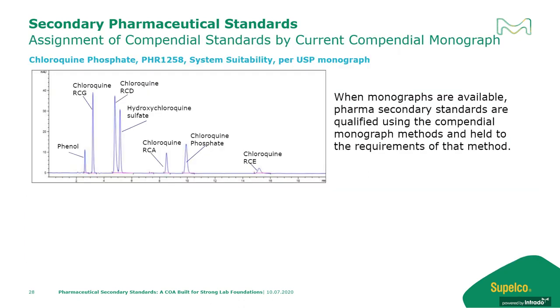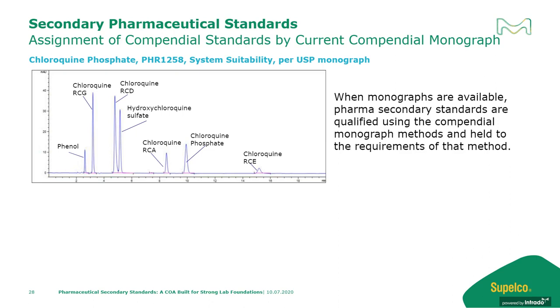So when monograph methods are available, pharma secondary standards are qualified using the compendial monograph method and held to the requirements of that method. This is a chromatogram of the system suitability injection for PHR 1258 chloroquine phosphate.